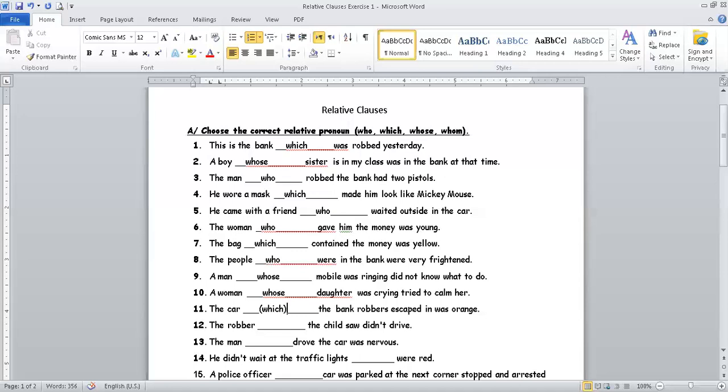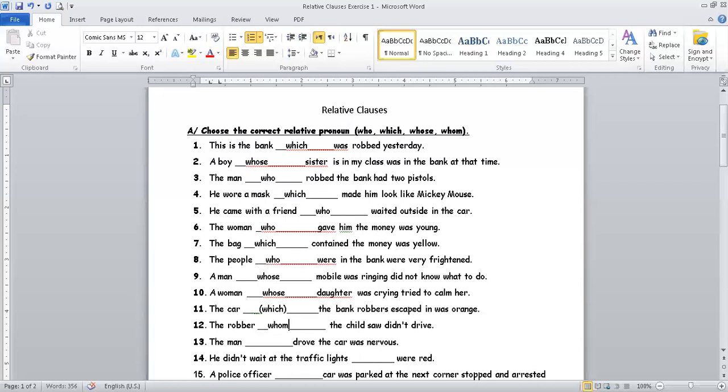12. The robber the child saw didn't drive. We want to define the robber, someone. Look at the second part. The child saw. Who? The child saw the robber. So the child is the subject here, and the robber is the object. To define an object, we use the relative pronoun whom.